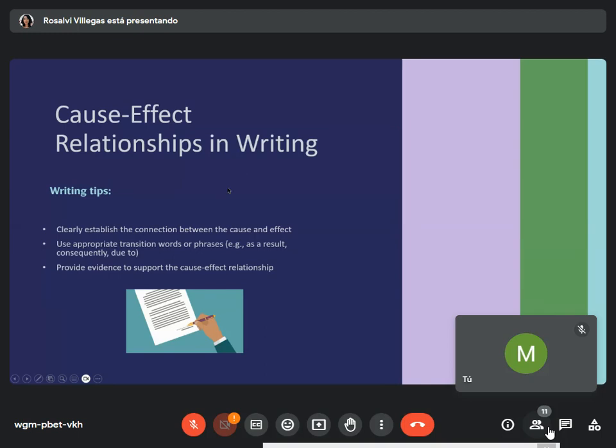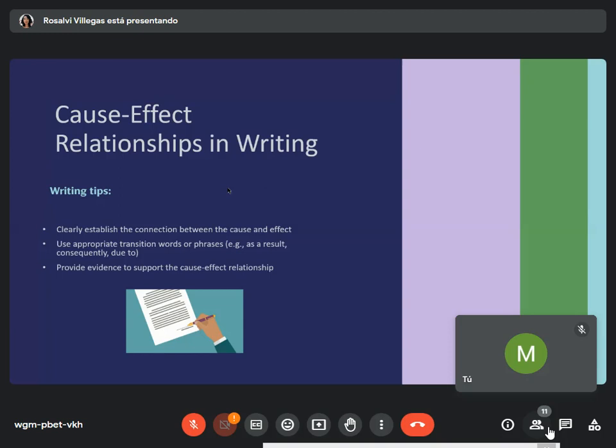So when we are trying to treat cause and effect relationships while writing, we must try to clearly establish the connection between the cause and effect. In here it was easier to point out in the previous text because it was a really short one, so we can identify it.